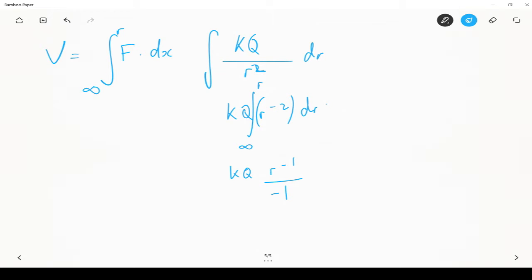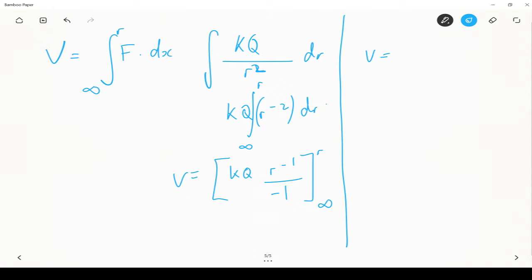So, integration. Integrate this, the power increases by 1, and we divide by the new power. New power is minus 1. Okay, so we're looking at between the points of infinity and R. Where can this go next? Well, we can then actually evaluate it. So V is equal to that. Let's split the page so you can see what I'm doing when you look back.